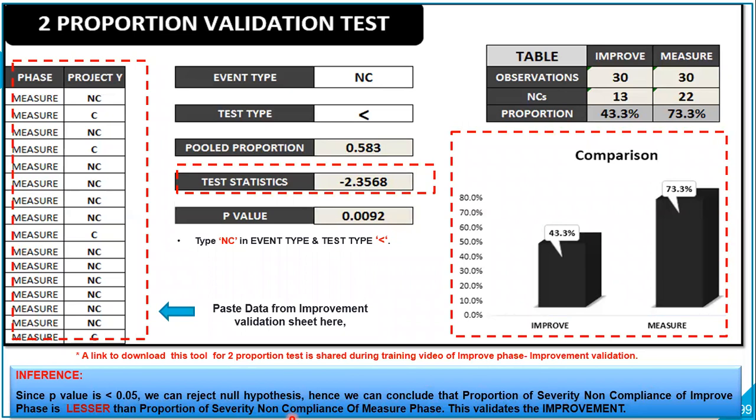We wanted to validate the improvement, right? So since the proportion of NCs of improve phase is significantly lower than that of measure phase, we conclude that we have attained an improvement. So this is what we have in a two proportion validation test.